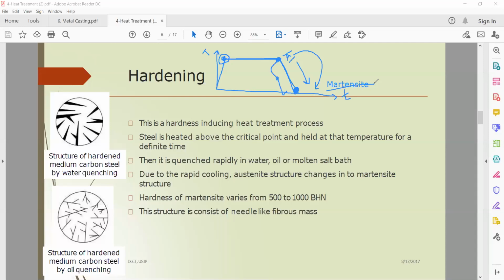If we are using alloy steel for the hardening process, then the cooling process should be done in an oil bath medium, right? So if you are using alloy steel, you need an oil bath medium for the cooling process. In the other way, if you are using plain carbon steel for the hardening process, you need a water bath medium for the cooling process, right?